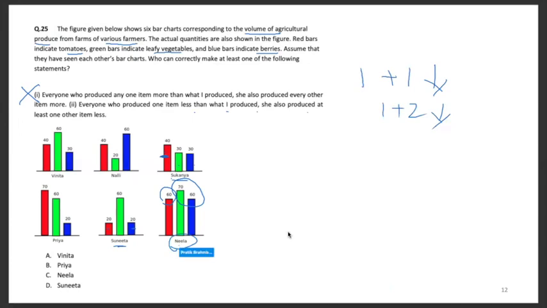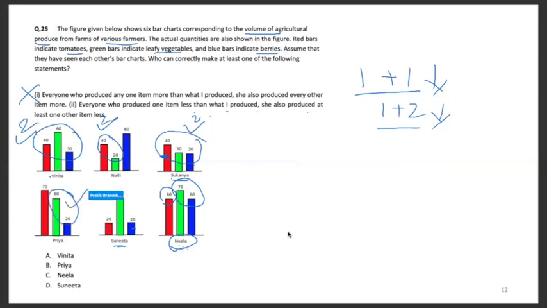I'm going to do a one by one comparison. When I compare Neela with Vinita, all three are less. When I compare Neela with Nali, two are less. So this is also satisfied, the second condition is satisfied. In the case of Neela and Sukanya, because all three are less, the second condition is satisfied because it's one plus two or one plus one. With Neela and Priya, two of them are satisfied, so it is correct.